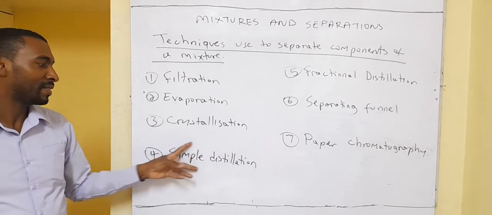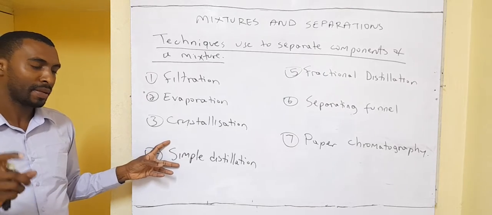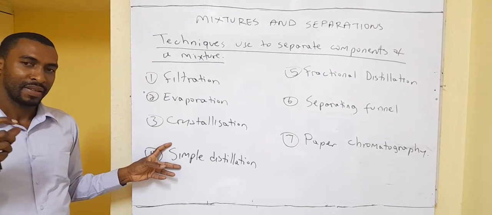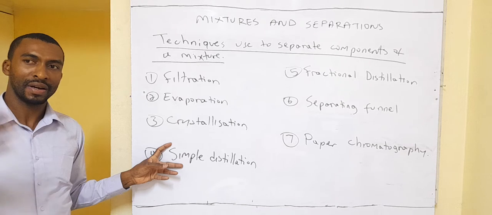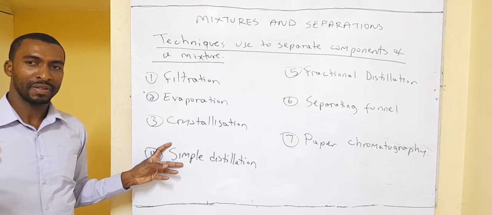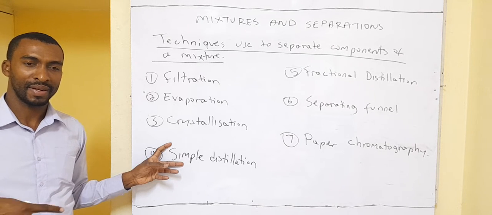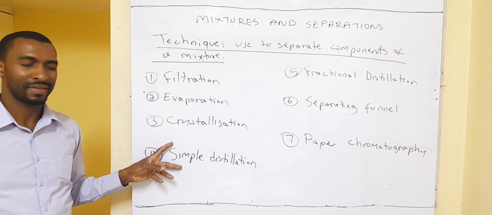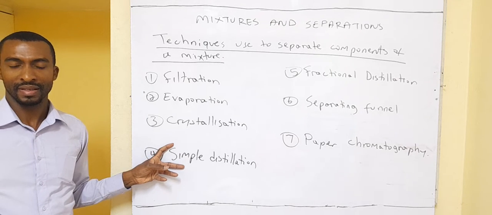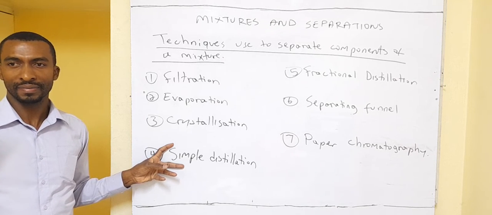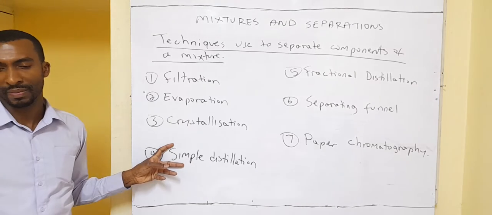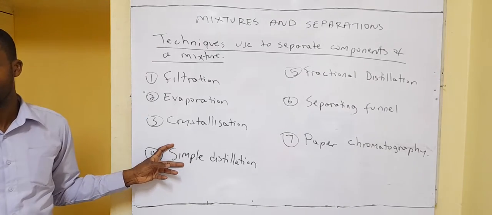Simple distillation is normally used to separate a solution in which you have a large boiling point difference between the solute and the solvent. For example, a sodium chloride solution, because the boiling point of water is very low compared to that of sodium chloride.